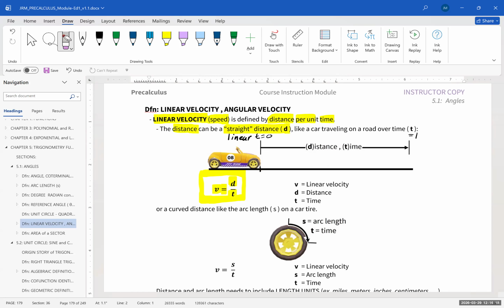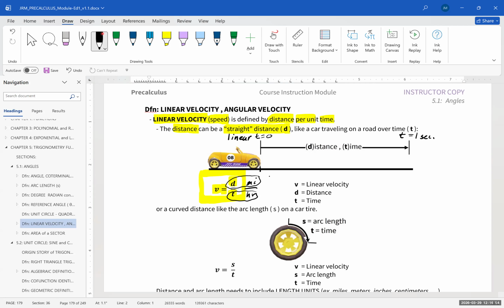So maybe time being equal to 1 second. This is typically what we think about as we're walking around or driving in a car or a bus or a train or even an airplane. And speed, we think of if we're in a car or plane or a train in miles per hour. We have a unit of distance over a unit of time.